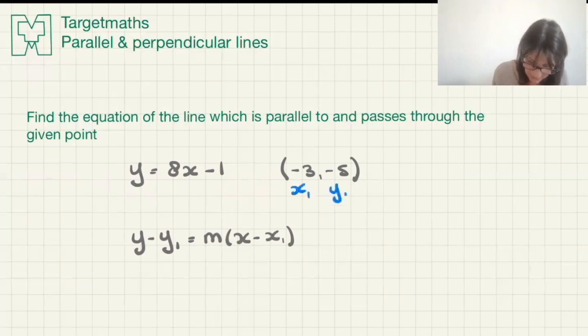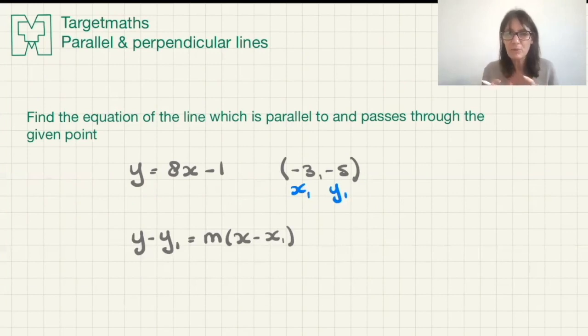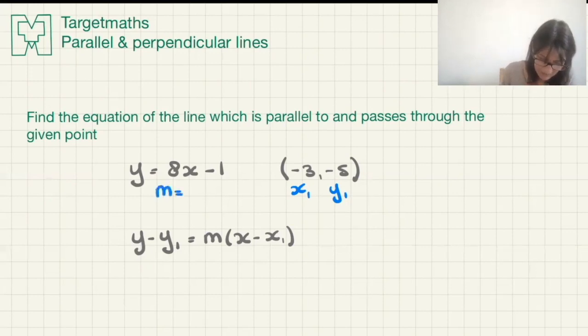Remember that your coordinates are in alphabetical order, so that's an easy way to make sure you don't mix those up and put them the wrong way around. I'm also going to need an m, which I have, thankfully, here in the equation they gave me. And now I can clearly see what it is that I'm going to be putting into my equation.